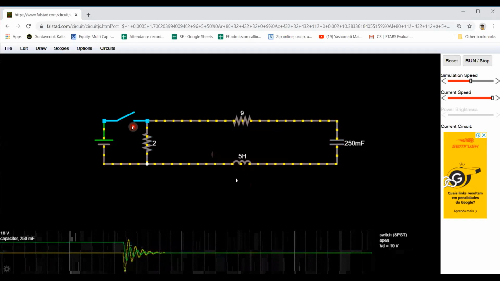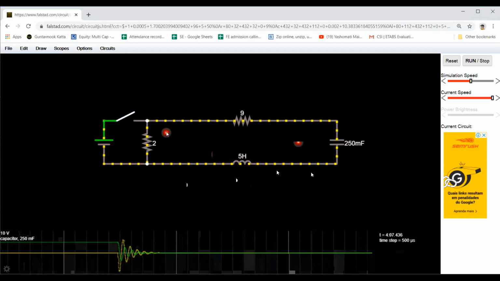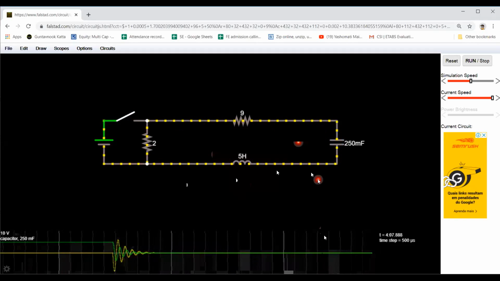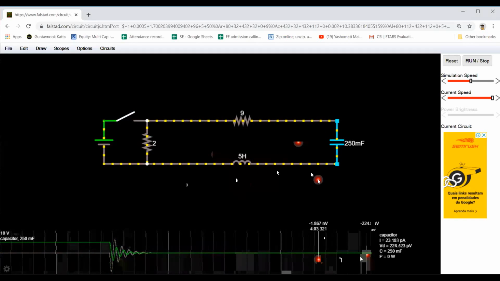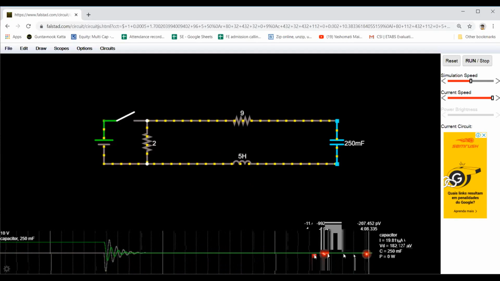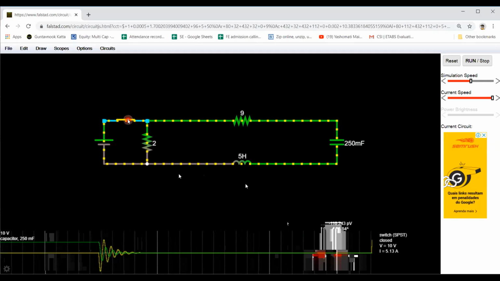I'll change this value to 250 millifarad, and now this circuit has settled down, no current is flowing and no voltage on it. You can observe on the screen of the CRO that there is 0 voltage and 0 current. Now let us put this switch on.